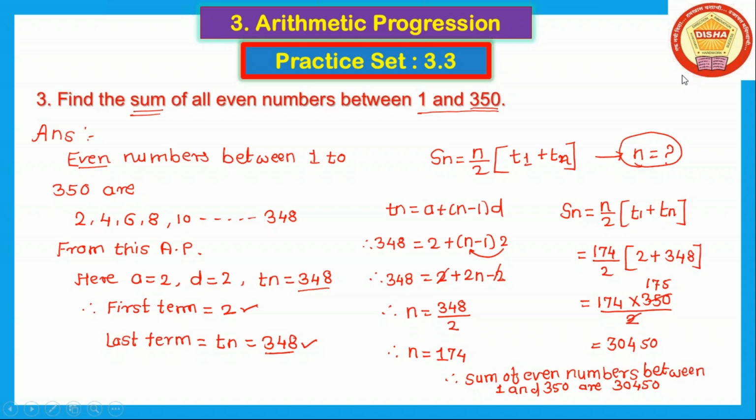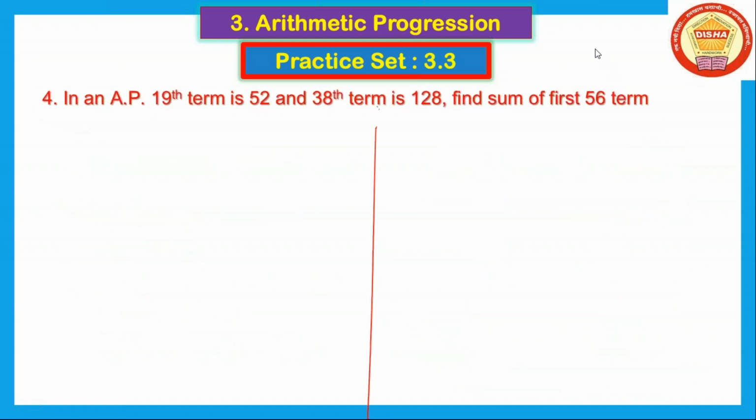Now we take example number 4 from practice set 3.3. In an AP, the 19th term is 52 and the 38th term is 128. Find the sum of first 56 terms. In this question, what is given? First we write it. See now, what is given?